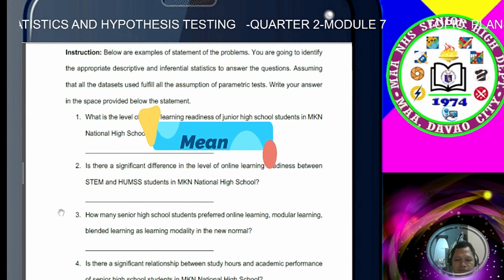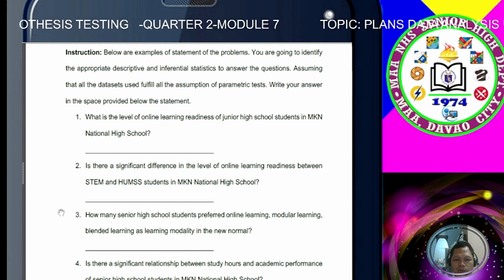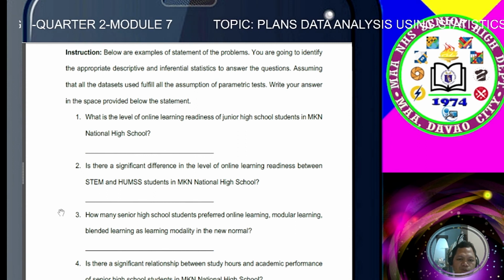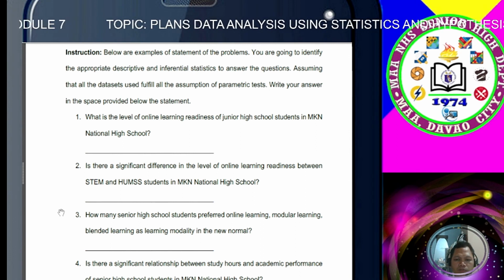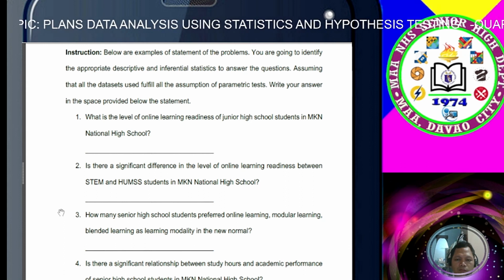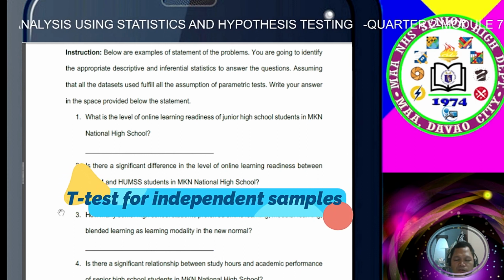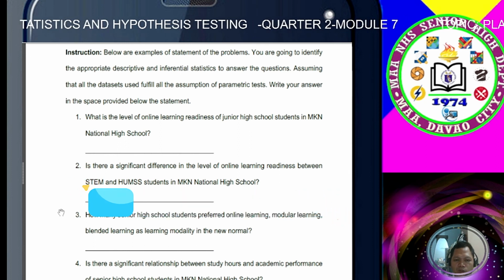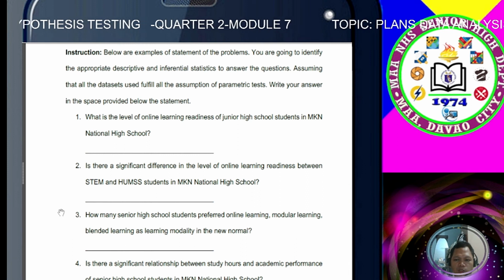Correct. Number 2, is there a significant difference in the level of online learning readiness between STEM and UMS students in MKN National High School? The correct answer here is we'll use the t-test for independent samples, because again, there are 2 different groups, STEM and UMS.